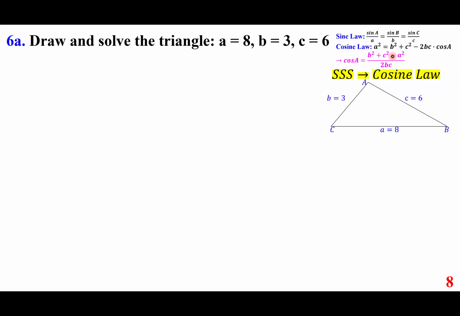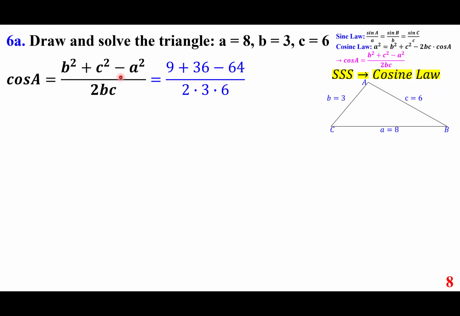But using this formula, B squared, this is 9, C squared, 36, minus 64, 2 times 3 times 6.